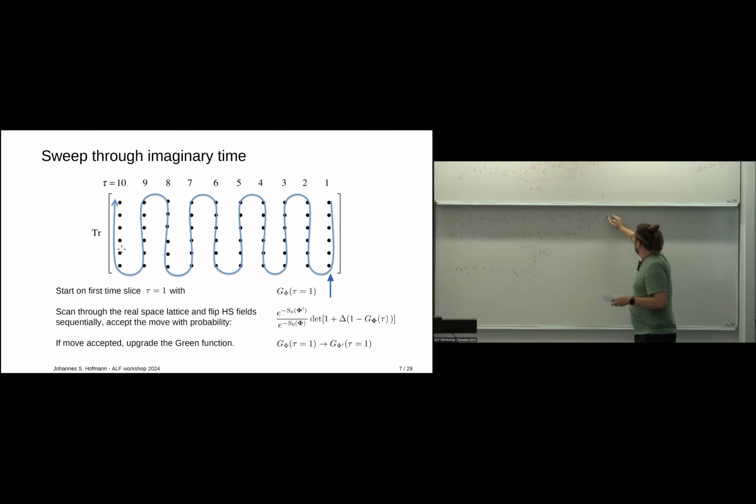And let me be a little bit briefer here. So the new Green's function, L prime, can be written as 1 plus, and I'm again making use of this quantity 1 plus delta that I introduced. This is the change of the B term.